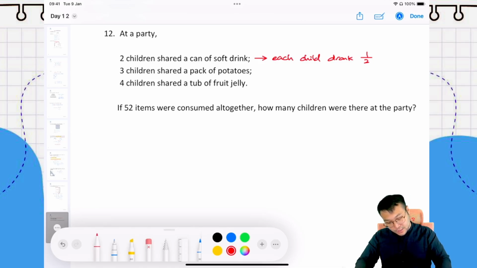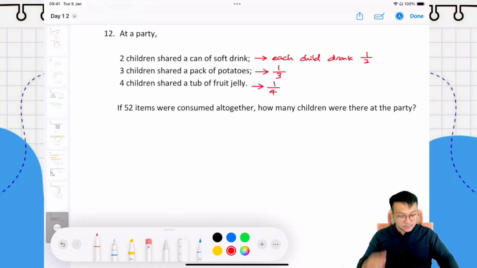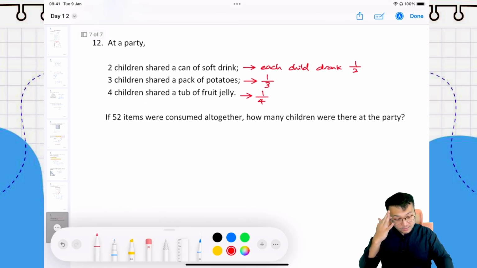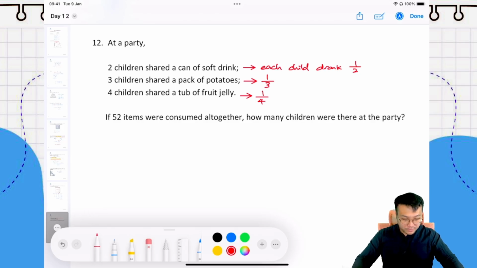Then if 3 children share a pack of potatoes, that means each child ate 1/3. And over here, each child had 1/4 of a tub of fruit jelly. Okay, so that's my hint to you. I'll give you 2 minutes to try to solve this. Your time starts now.